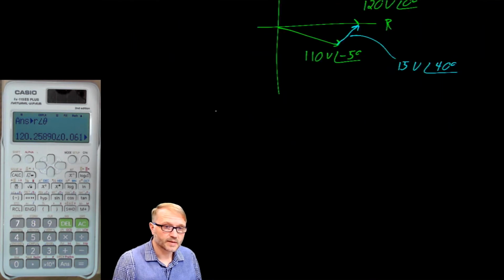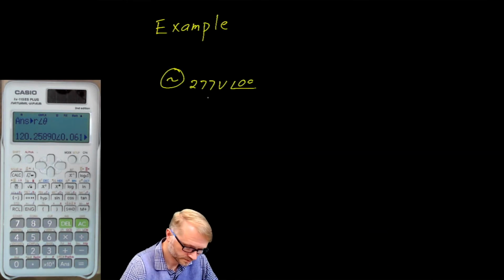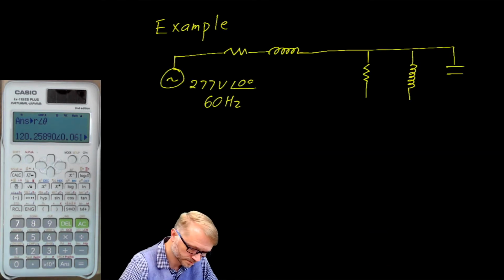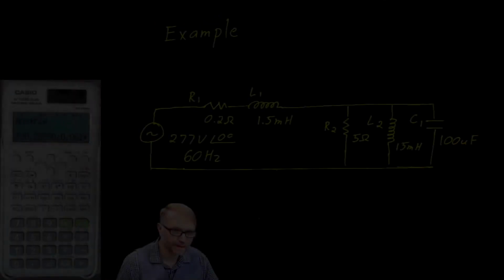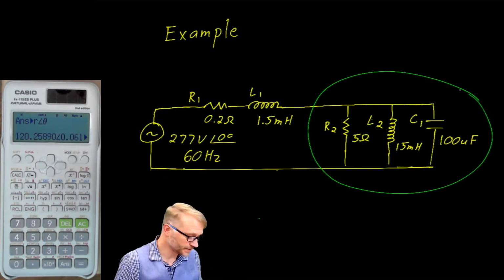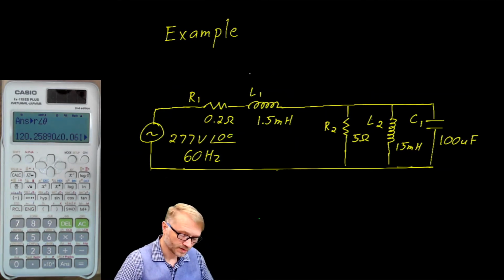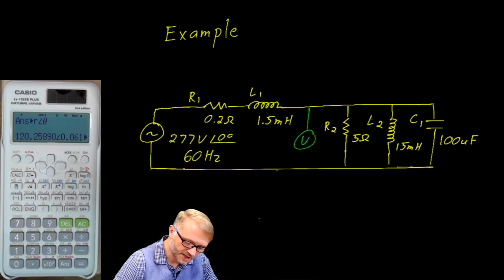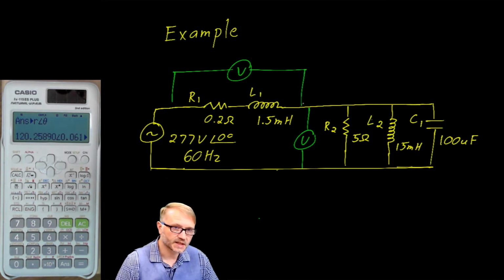Let's move to another problem, slightly more complicated. As we did in our previous problems, let's agree to call this the load and this the line, which means we can talk about the voltage as measured across the load or the voltage as measured across the line.